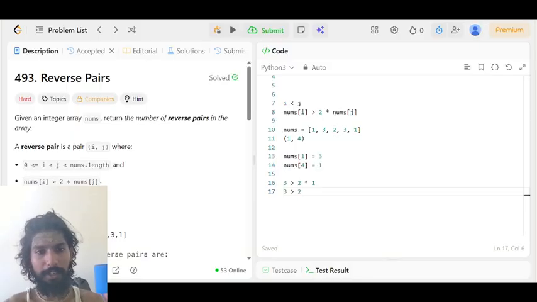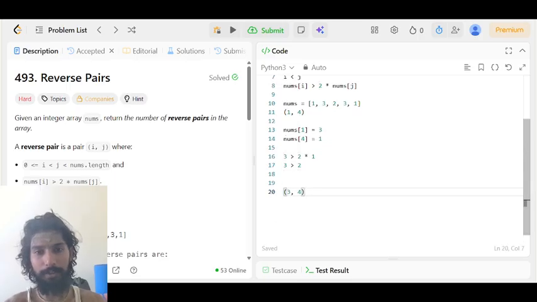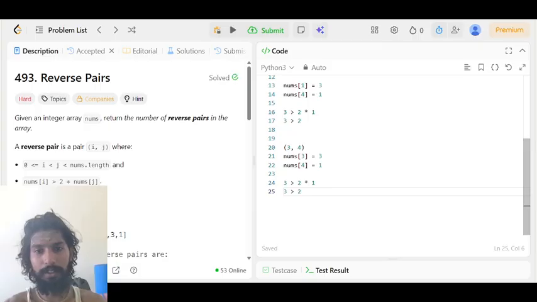This is true. Another valid pair is index 3 and index 4, because nums[3] equals 3 and nums[4] equals 1. So 3 is greater than 2 times 1. This is also true. So the answer is 2.